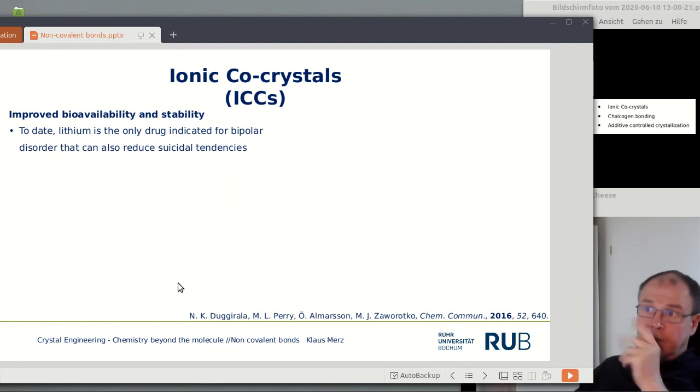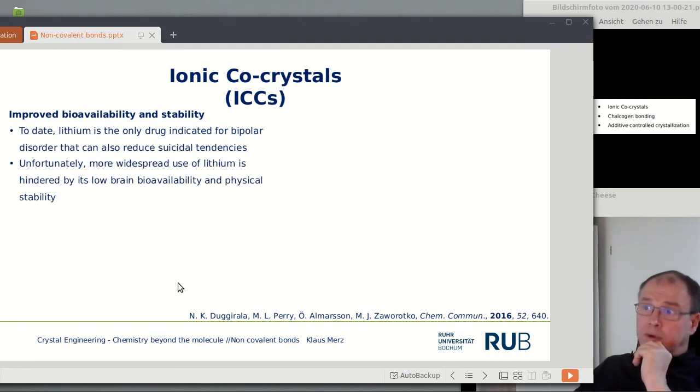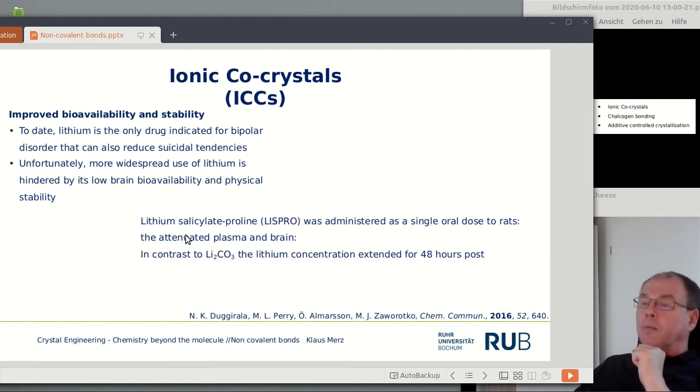The problem is that lithium salts have low brain bioavailability and physical stability. The trick is, once again, an ionic co-crystal, for example lithium salicylate proline, and this was very nicely shown in studies in rats.